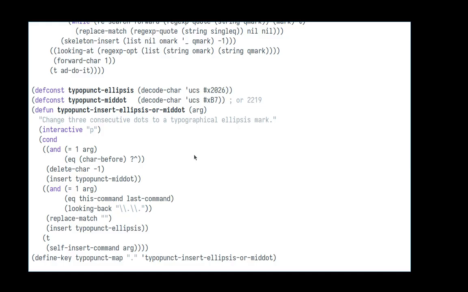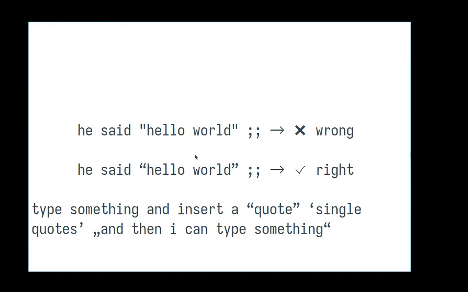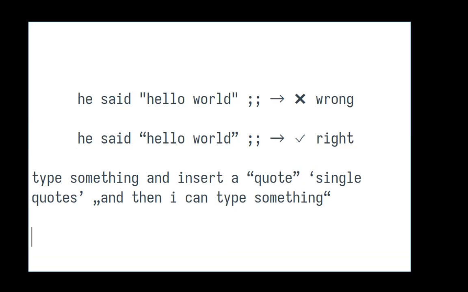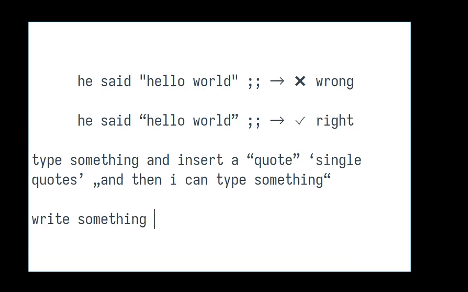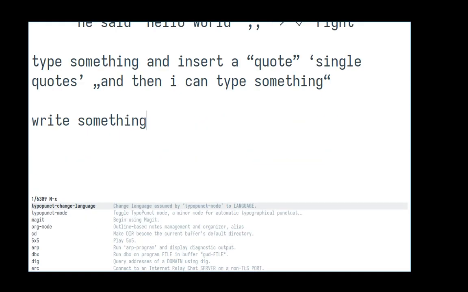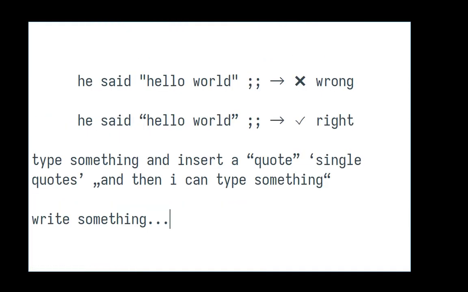Here's what it does. If I go back to this example, if you write something, and then you want to show that there's something missing, or it's an open-ended sentence kind of thing, you will normally insert three dots, and you might separate them by spaces or something like that. Well, let me turn it off.